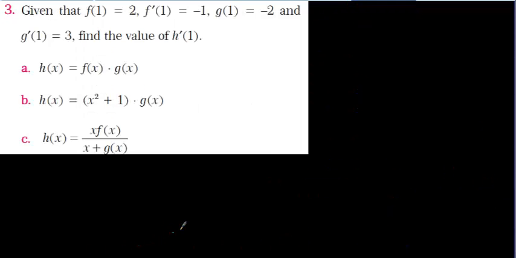Okay, now this is the last expression. Here we have functions, but f and g are not exactly given, and they want us to find the h derivative at once for 3 questions. This is the product of f(x) times g(x), so when I say h derivative, I understand the derivative of f times g, which is equal to f derivative times g plus f times g derivative.